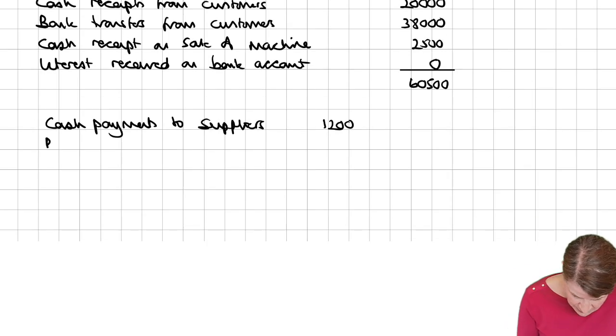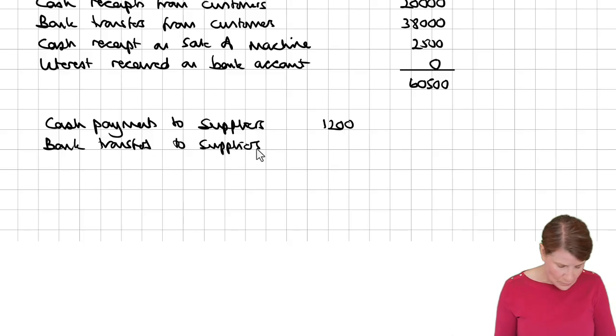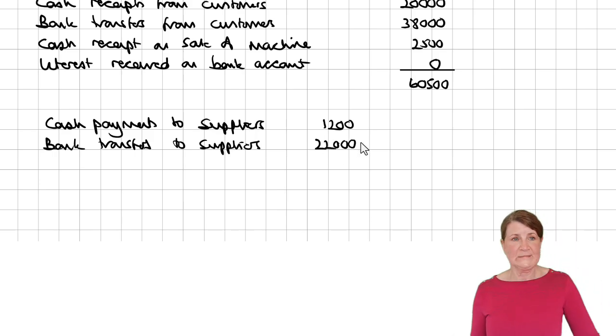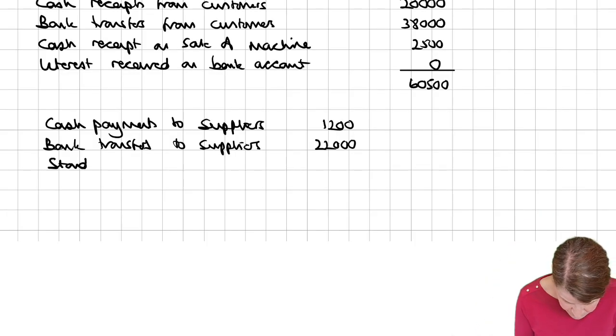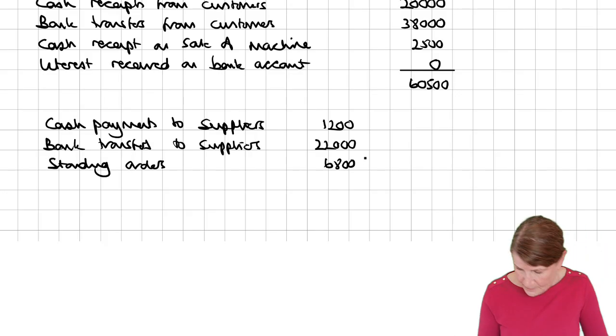We've got bank transfers to suppliers, goods for resale of 22. And yeah, wholly and exclusively for the purposes of the trade. We've got standing orders to utility companies of 6,800.